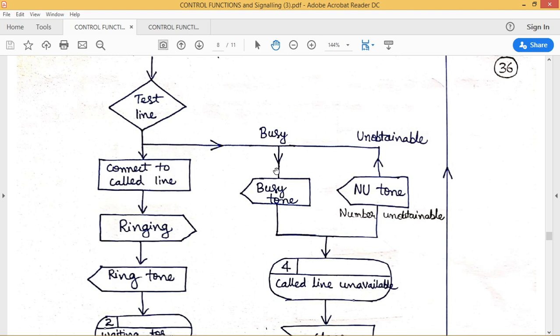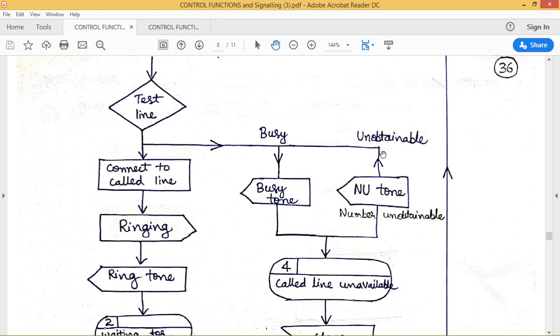Otherwise, if this person is not reachable or some connection to this particular called person is damaged due to an earthquake or something else, in such a case an unobtainable scenario will be observed.